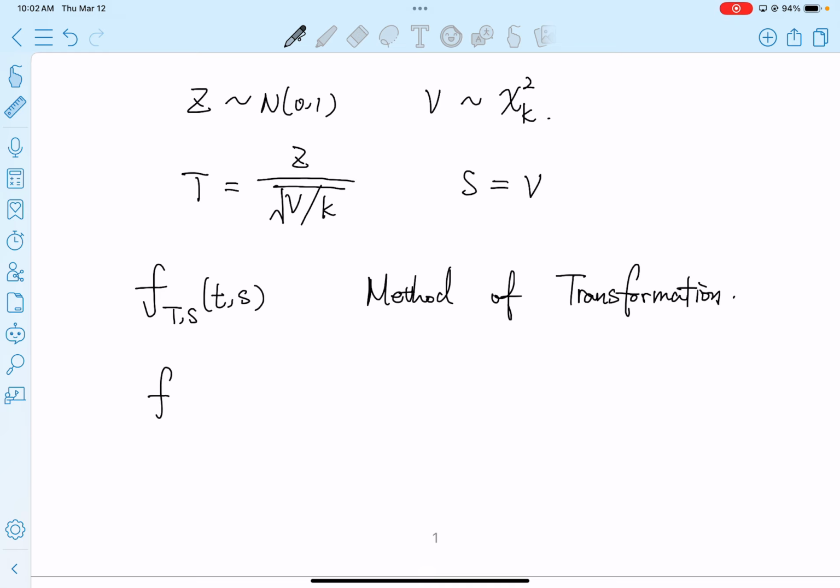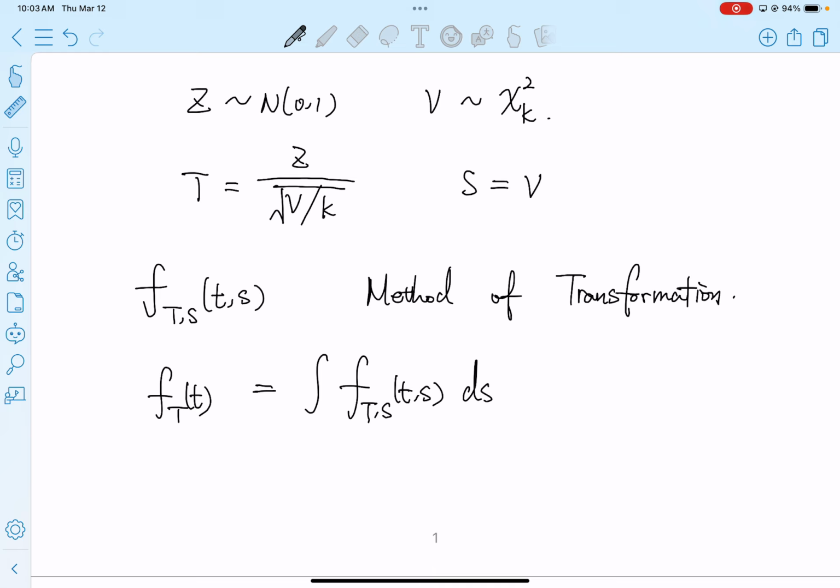Then to get the marginal density for T only, there's another trick: you integrate this joint distribution with respect to the random variable that you are not interested in. So when we integrate over all the possible values of S, you obtain the marginal with respect to T.